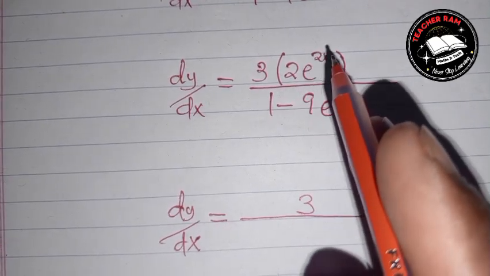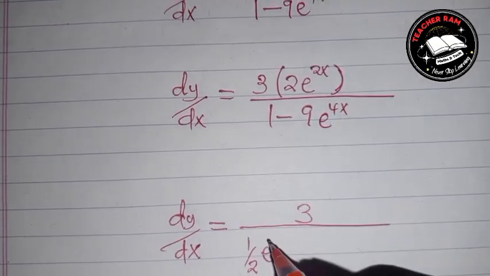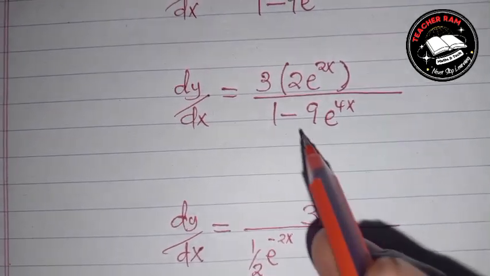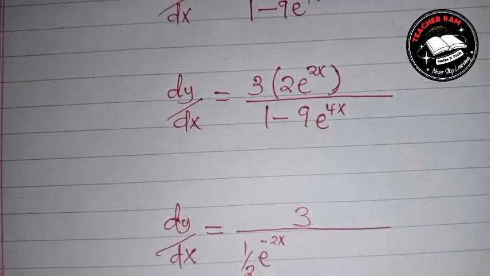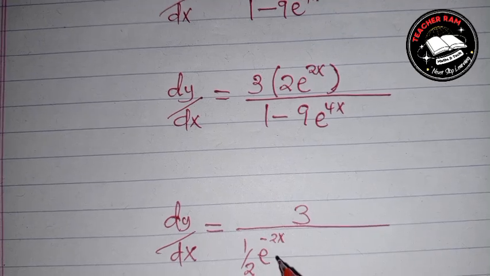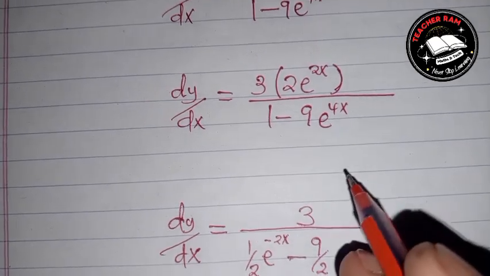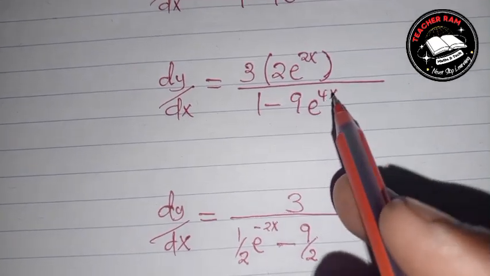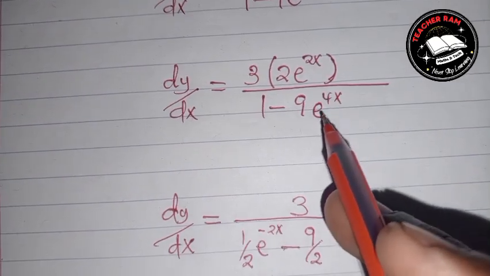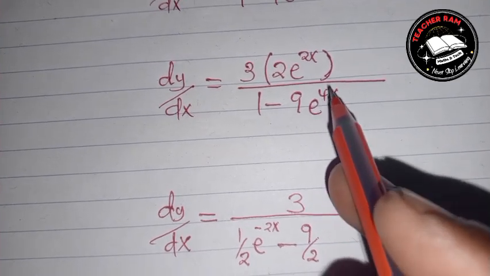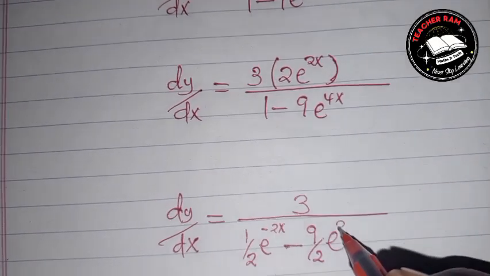In the denominator, 1 divided by 2e power 2x is 1 over 2 e power negative 2x, then minus 9 over 2, and e power 4x divided by e power 2x is e power 4x minus 2x, so it remains as e power 2x.